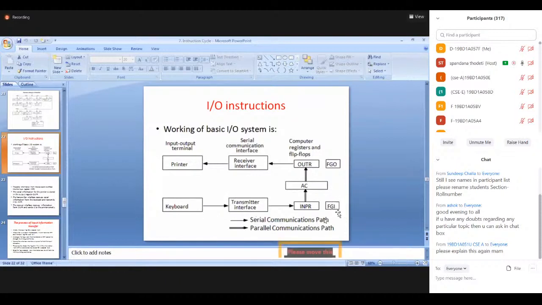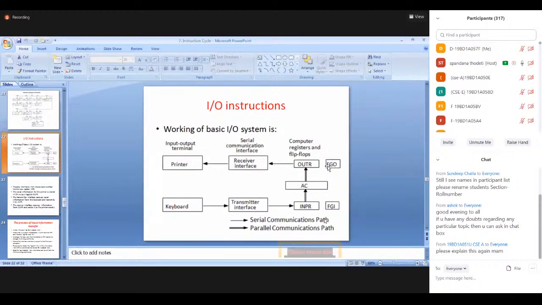Now the value of FGI has changed to 1. Whenever it is 1, the input characters are moved from INPR to the accumulator. Whenever the data from INPR is moved to the accumulator, FGI is set to 0 so that INPR can hold the characters from this input device.